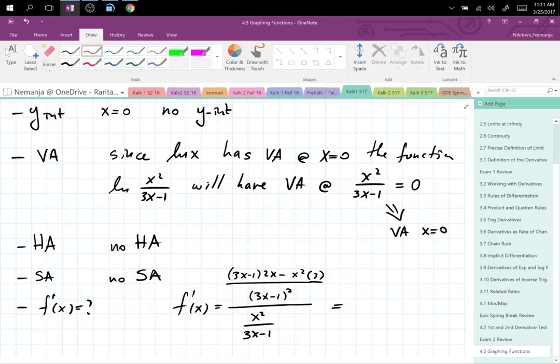Fast to simplify this, the square kills this one, and we have what?